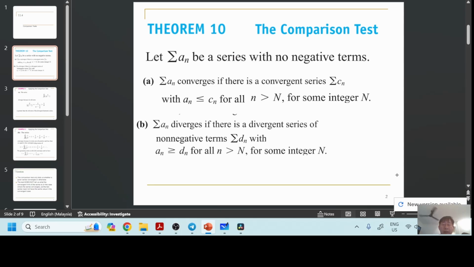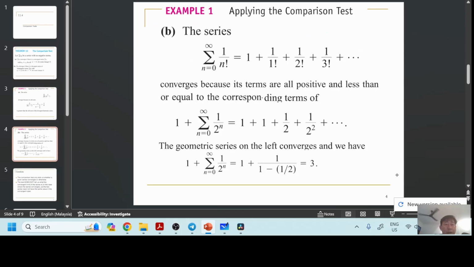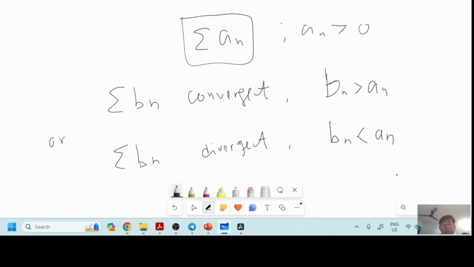Let me give a short summary of what we have learned from example 1a and 1b. Here you have a series An which you want to check for its convergence or divergence, and you know each term in the series An is positive.